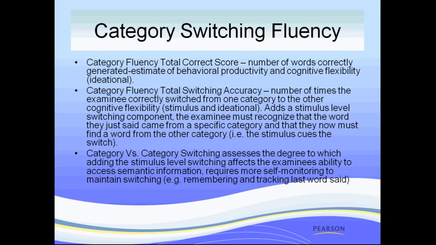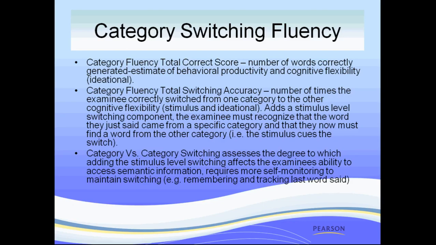So category switching is another level of ideational switching, cognitive flexibility. You're producing two different categories, fruit and furniture, and you have to go back and forth. You have to mentally keep track to switch, though. There's no visual cue saying, do something different. In your mind, you have to know that, I just said fruit, now I have to switch to furniture, and go back and forth.